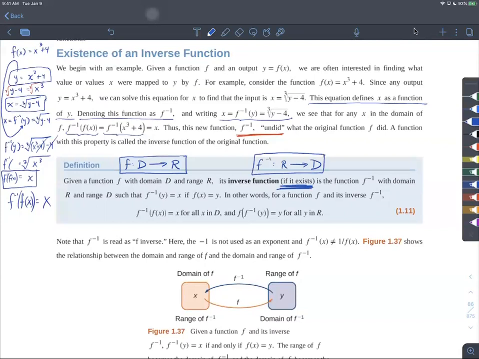And then we're given this such that f inverse of y equals x if f of x equals y.